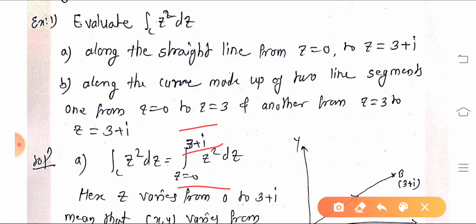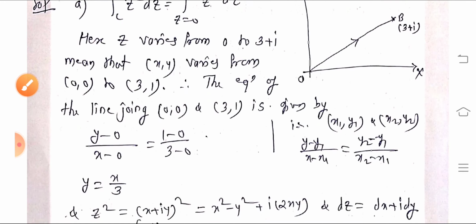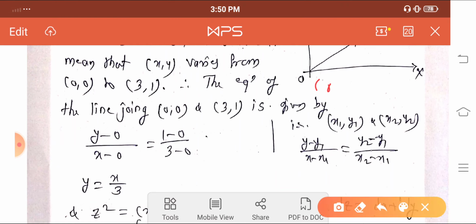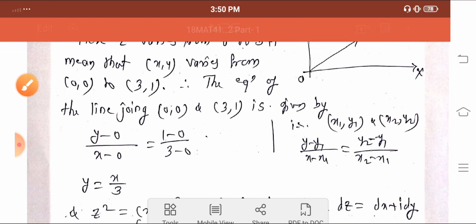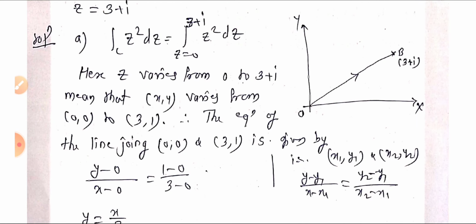So x, y varies from (0,0) to (3,1). Here this is the origin O, with coordinates 0 and 0, and another point 3 plus i means x equal to 3 and y equal to 1.